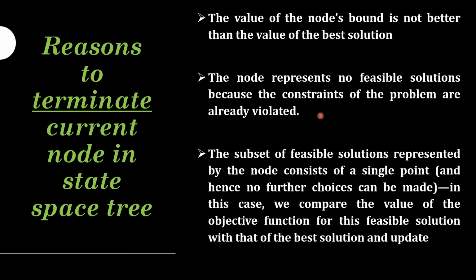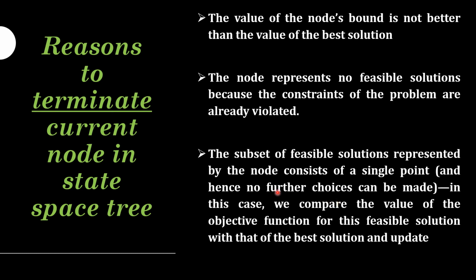The subset of feasible solutions represented by the node consists of a single point, and hence no further choice can be made. In this case, we can compare the value of the objective function for this feasible solution with that of the best solution and update. So a very important thing: we are not going to get only a feasible solution, a subset of feasible solutions are present.